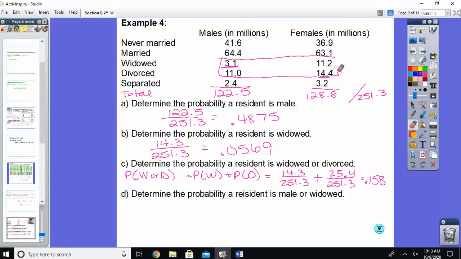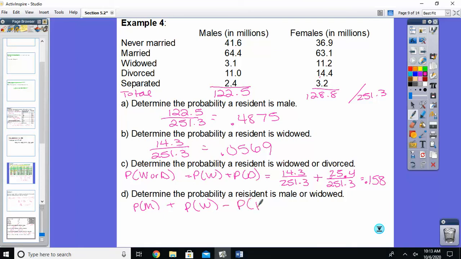Okay, last question for this. Determine the probability that a resident is male or widowed. So we'll have to do the probability of being a male plus the probability of being widowed. Can you be both? Yes.